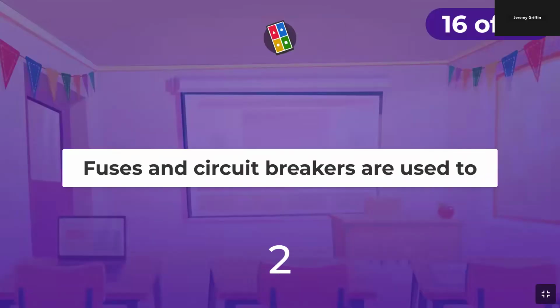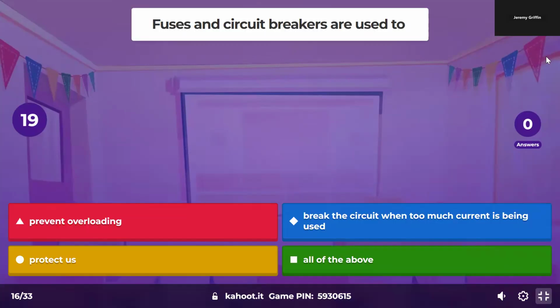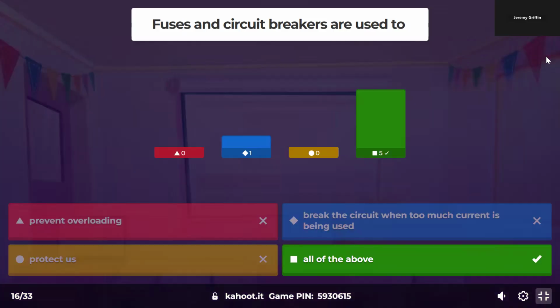Fuses and circuit breakers. I think we only briefly talked about this once.